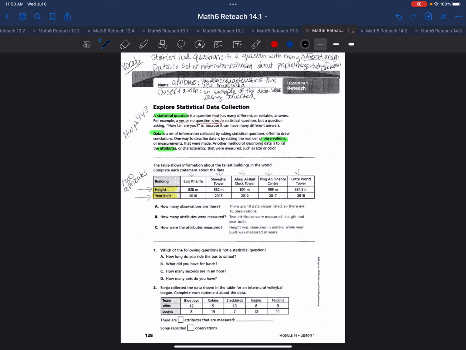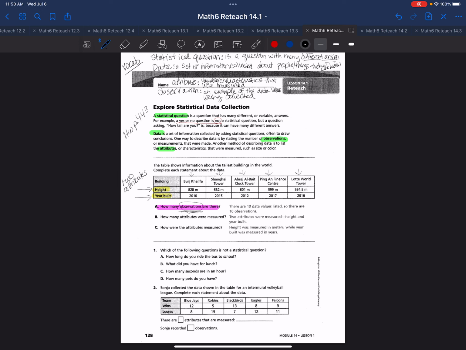And the two attributes we're collecting data on are the height and the year they were built. So as mathematicians, we're looking at that. Now, the other thing we need to understand is how many observations are there. That's again one of your vocabulary words.